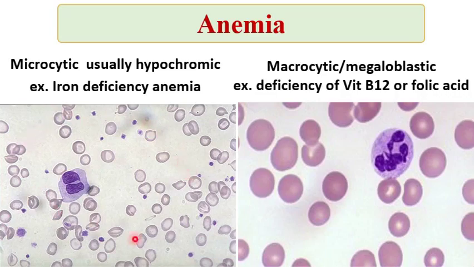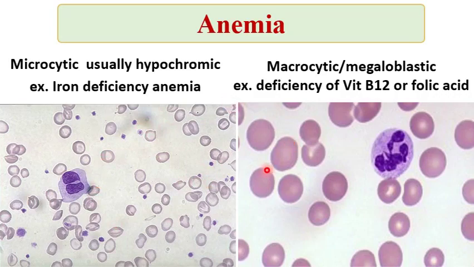As we said in this slide, the number of RBCs is lower than normal and the cells are hypochromic. Why hypochromic? Because the acidophilia is below normal and the pale central area is large in size with a dark periphery. This is called microcytic hypochromic anemia.